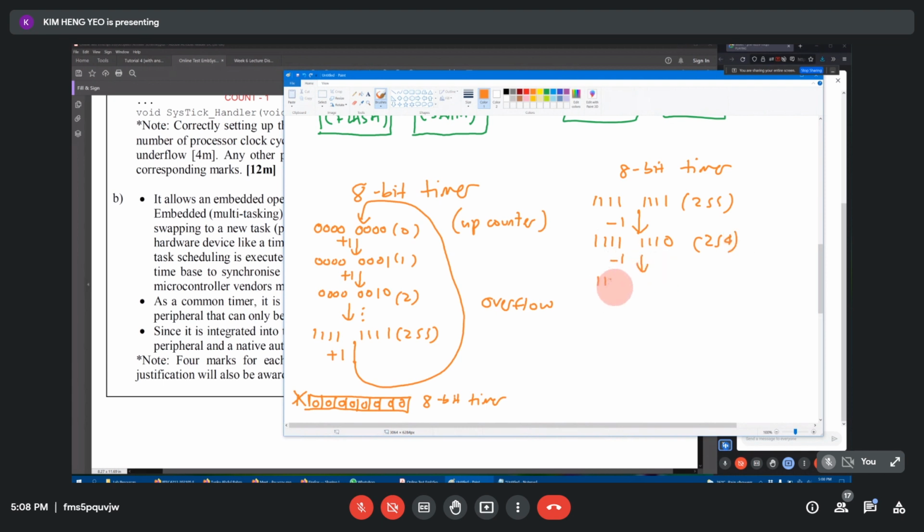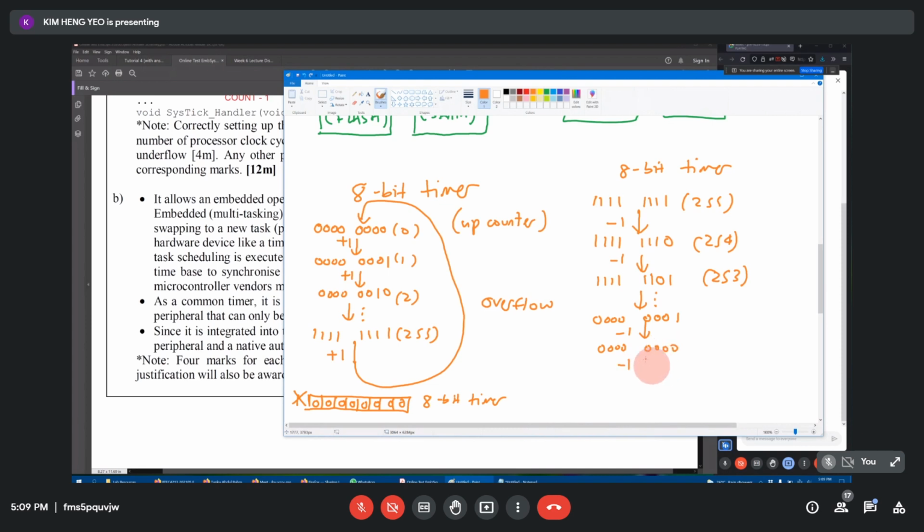You minus 1, you get 11111101, which is 253. No, sorry, 253 is 11111101. And so on, until you reach 00000001. Then if you minus 1 again, you get 00000000.